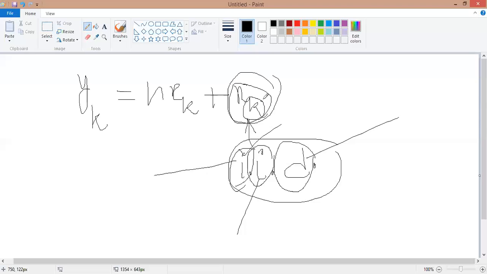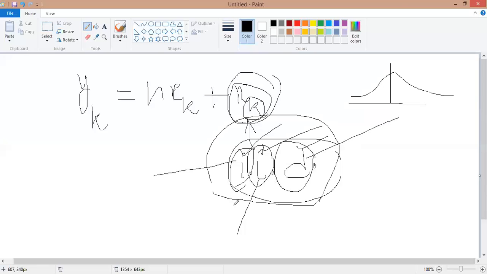So it is independent of this k, and identical in nature, because we have found it is identical in nature. So it is independent and identically distributed. This is the distribution ultimately, and that's why it is known as independent and identically distributed noise, IID noise, IID additive Gaussian noise.